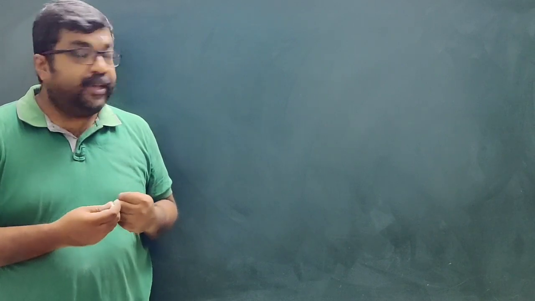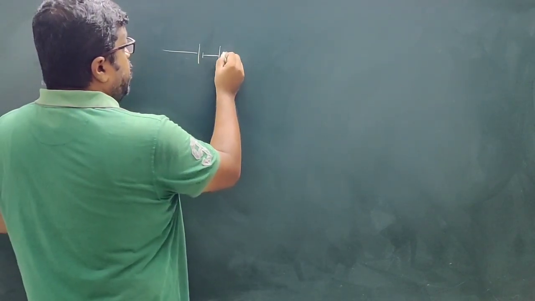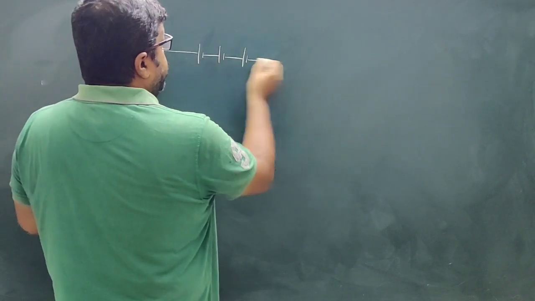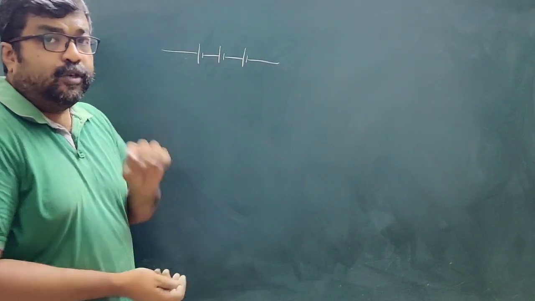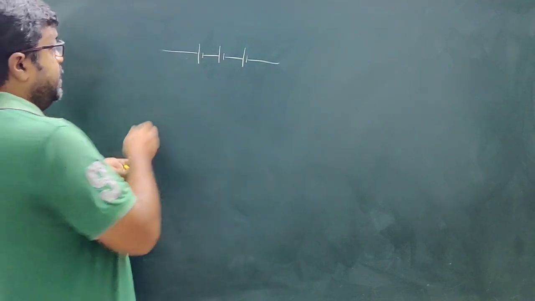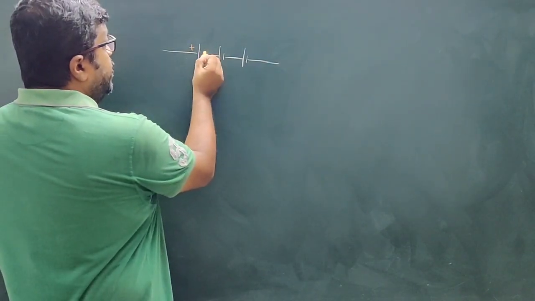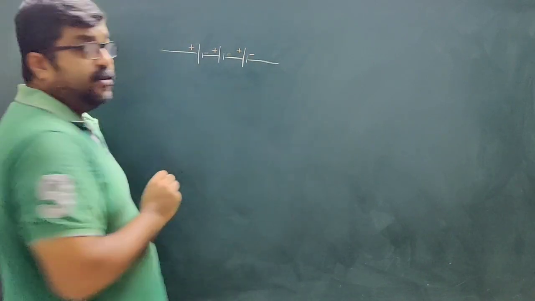Okay. So now one more thing, suppose you have these cells in series. So these are 3 cells in series. The correct connection for cells in series is: this is the positive terminal, this is the negative terminal, this is the positive terminal, this is the negative terminal, this is the positive terminal, this is the negative terminal.